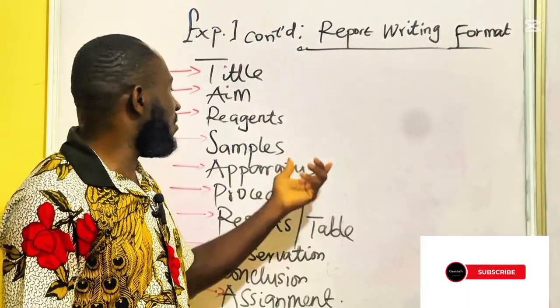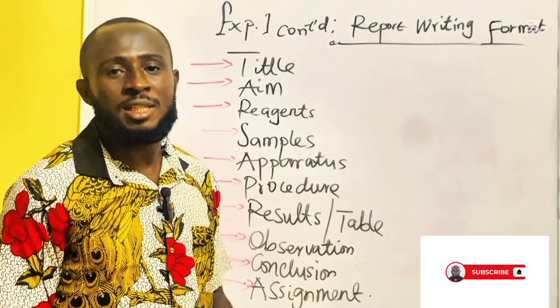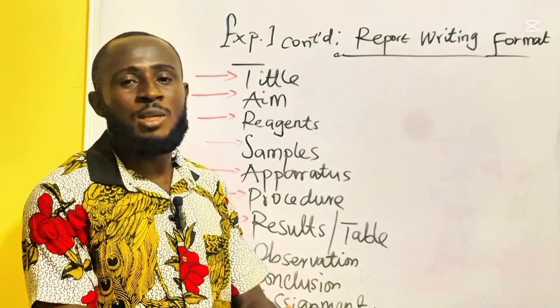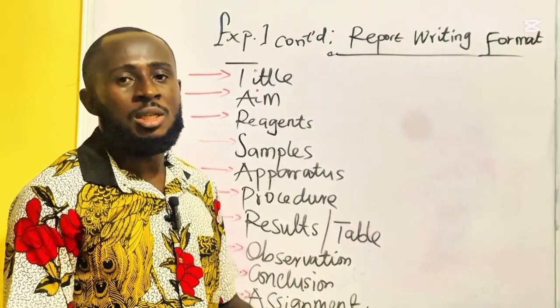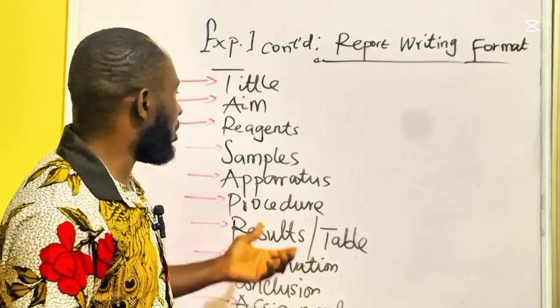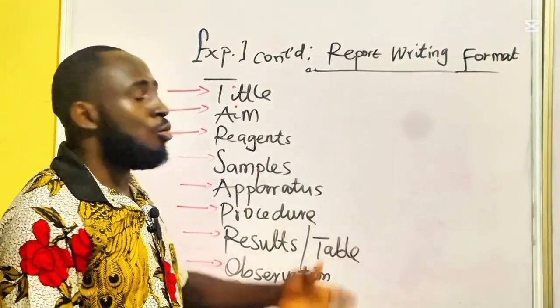Remember, reagent is different from your samples, right? But most of the time, samples can also be reagents. If you're working on liquid and those liquids become your samples, they can also be your reagent. Samples is what you're working on, while reagent is what you're working with, all right?